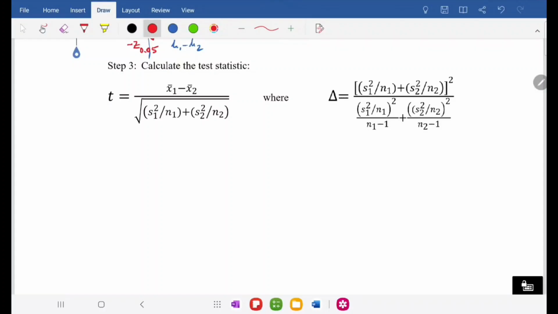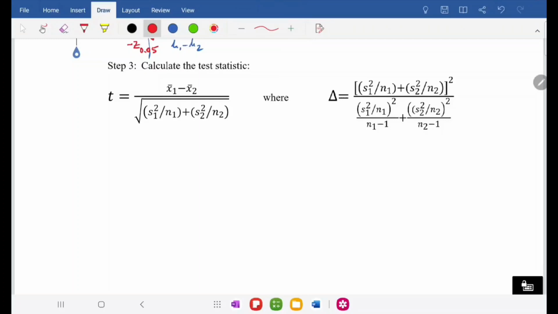As you can see, this is quite a complicated formula, and if you go wrong in the calculation of the degrees of freedom, you will get the whole problem wrong. So to help you out on the tests and exams, I will give you the degrees of freedom. However, I will want you to verify using the calculation whether it matches with what I've given you.